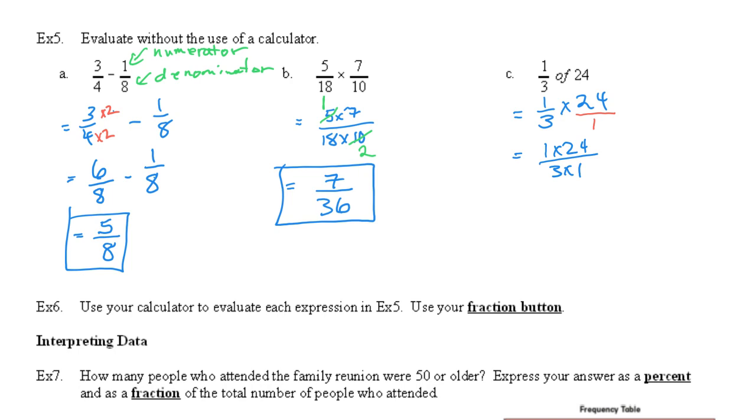Now, both the 24 and the 3 can be divided by 3. 24 divided by 3 gives us 8. And 3 divided by 3 is 1. So we have on the top 1 times 8, which gives us 8, and divided by 1 times 1, which is 1, which means our final answer is 8.